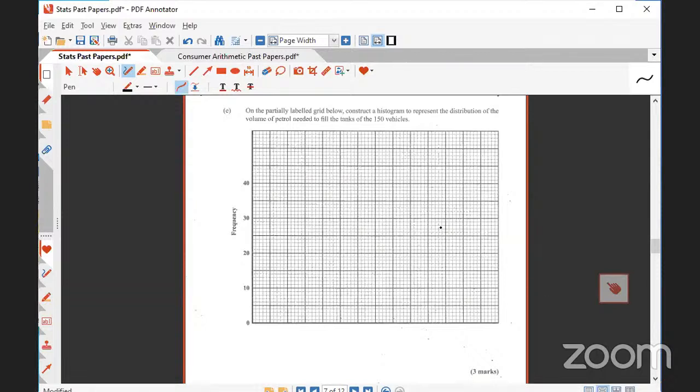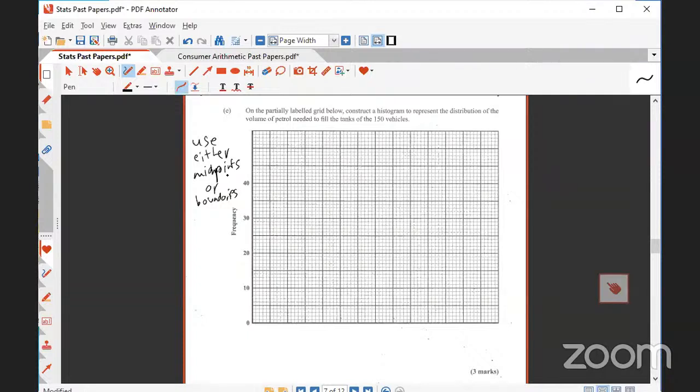All right, so the first thing here, whenever we're doing histograms, you use either the midpoints or your boundaries.